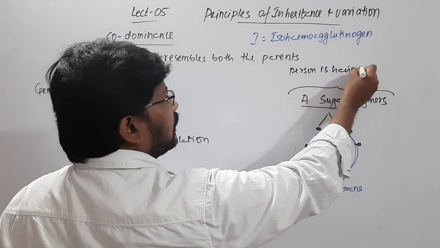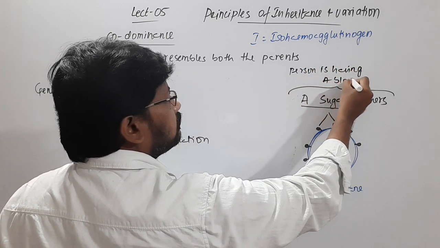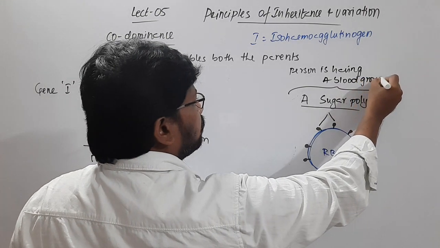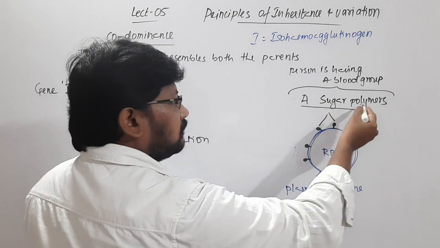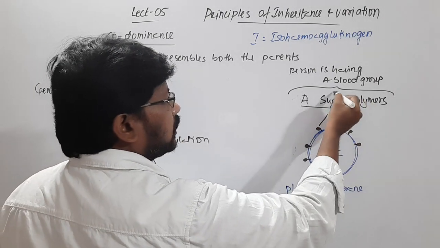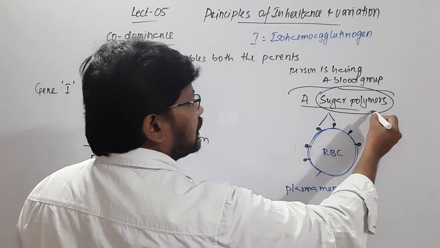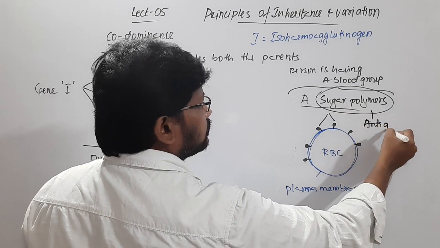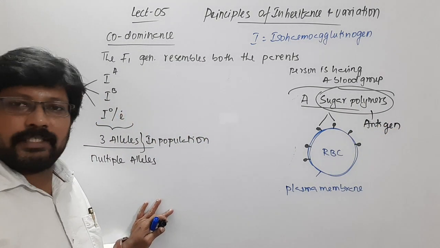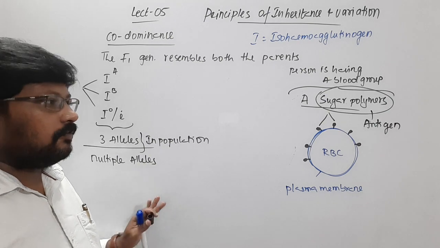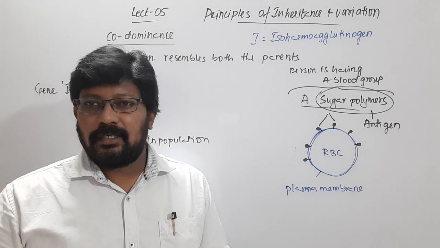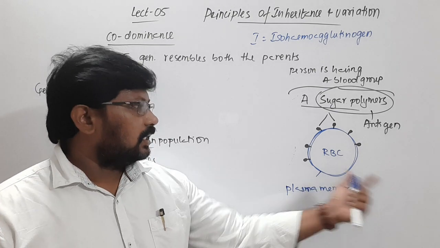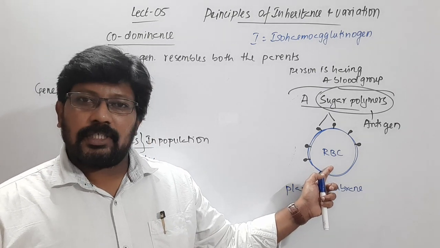You have to keep in mind that this sugar polymer is the one that we consider as an antigen. So antigens will be present on the membranes of cells, and here we will see the antigens present on the RBC.